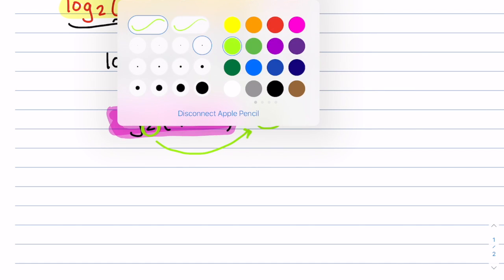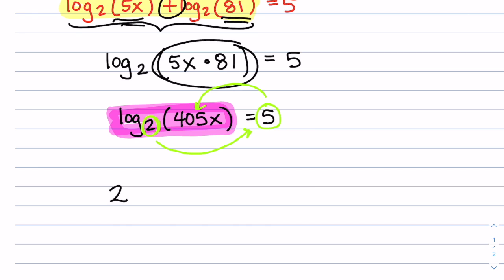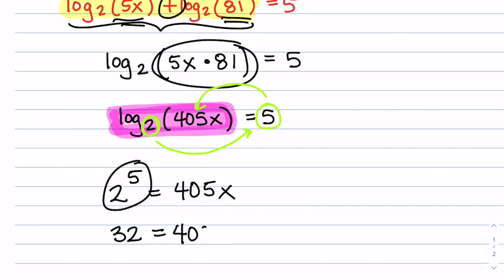So this will be 2 to the 5th power equals 405x. If I simplify 2 to the 5th power, that would be 2 times 2 times 2 times 2 times 2, which I believe is 32. And this is 405x. Divide by 405, divide by 405, and I don't think that can be reduced anymore.